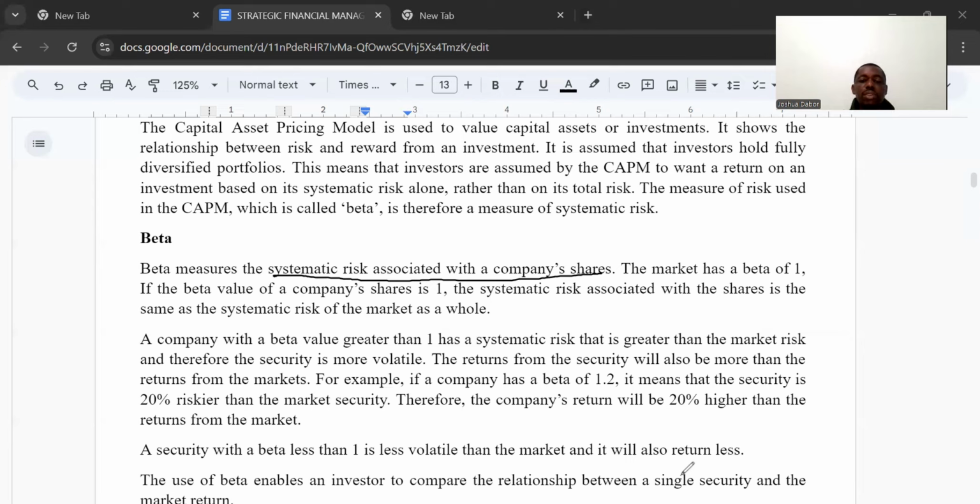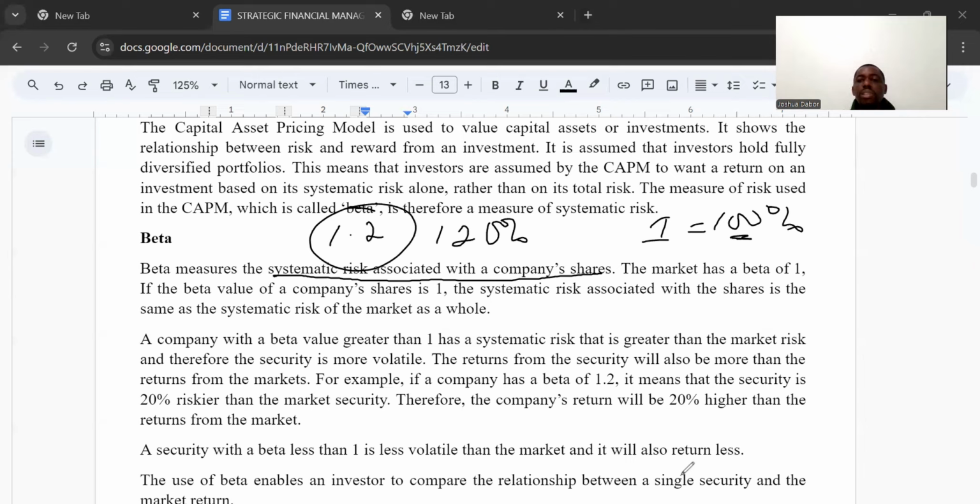For example, if the beta factor of a company is 1.2, so that one there signifies 100% for the markets. So if a company has a beta that is 1.2, it simply means that the company risk is 120%, which is 20% above the risk of the markets.